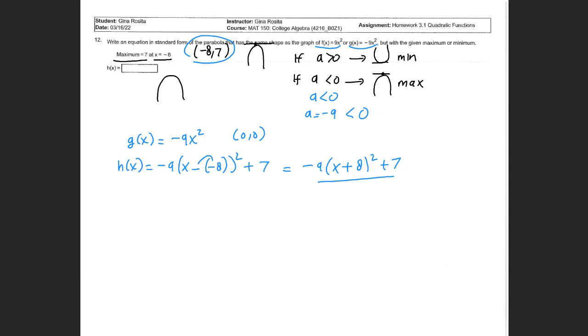Okay, last one. Write an equation of the parabola that has the same shape as the graph of f of x equals 5x squared or g of x equals negative 5x squared, but with the given minimum.